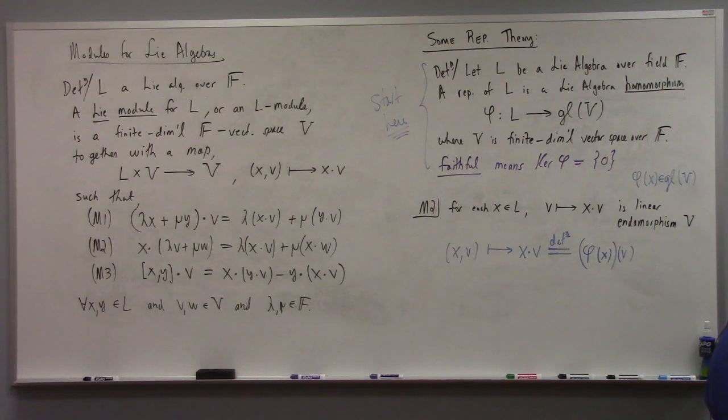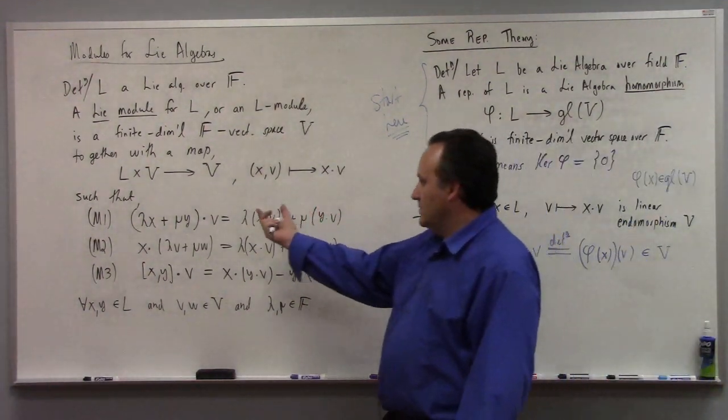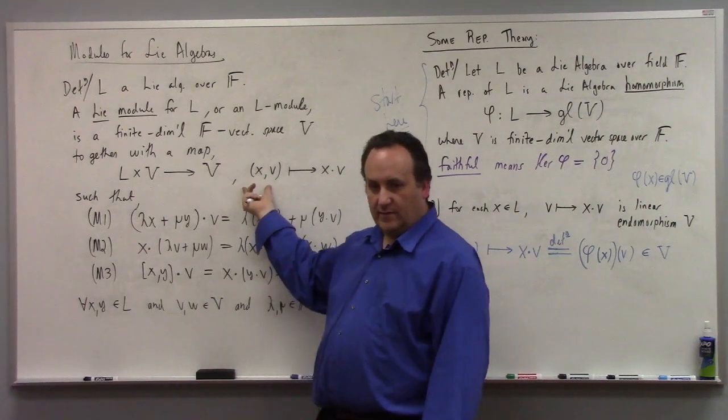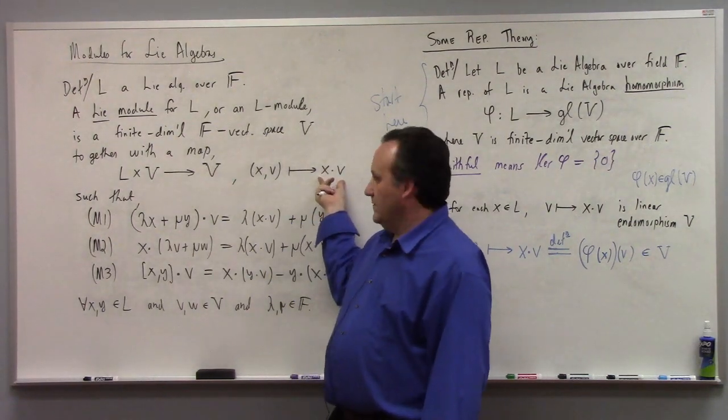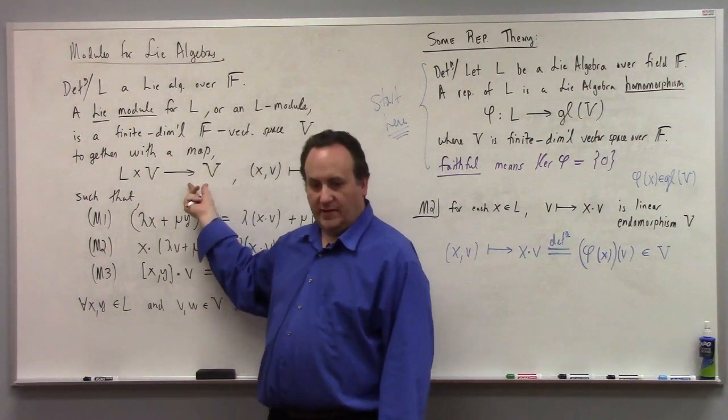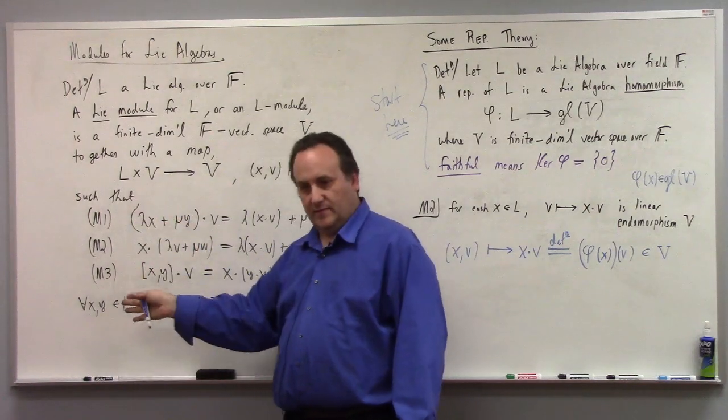At least it's the right kind of thing. Is it an element of V? Sure is. So I'm taking in a pair, x comma v, outputting an element of V. Now we have to run through the axioms.